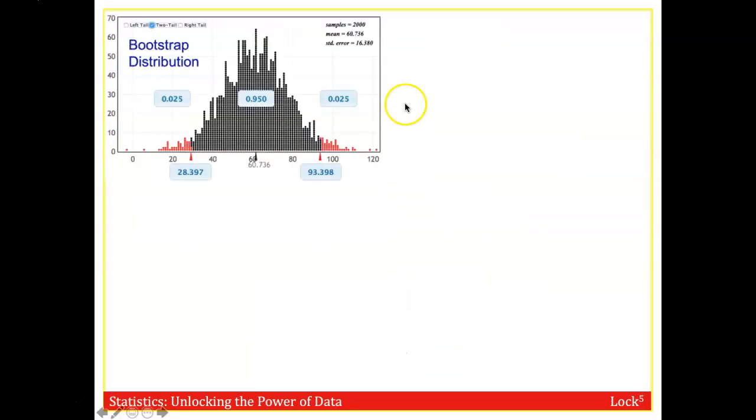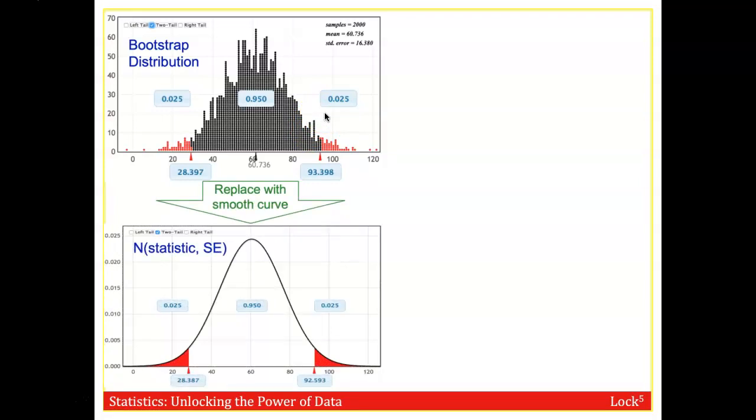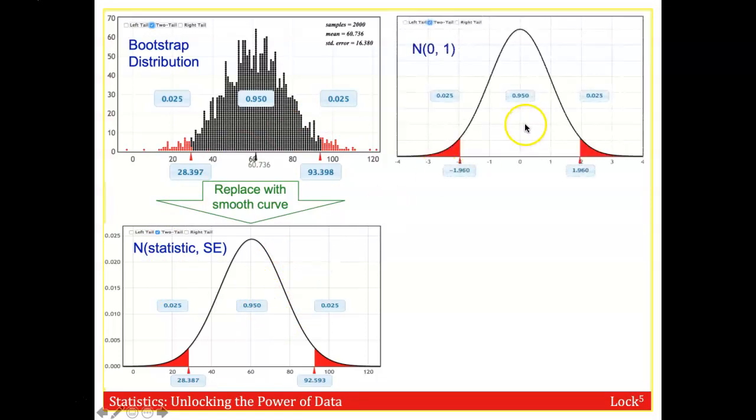Now whether you see the whole process, that might take some time to think through, but we start with the bootstrap distribution. We're replacing it with a smooth curve with 95% in the middle that justifies the process. Sorry, I think I misspoke.